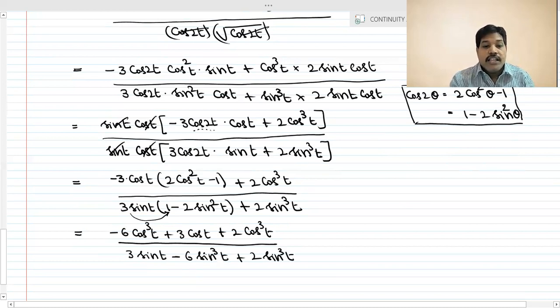Why? Because 3 sin t into minus 2 sin square t becomes minus 6 sin cube t.